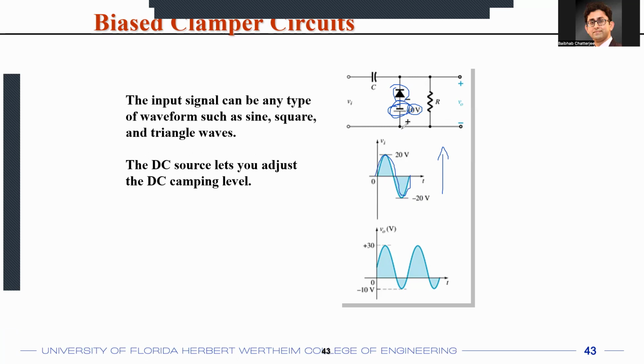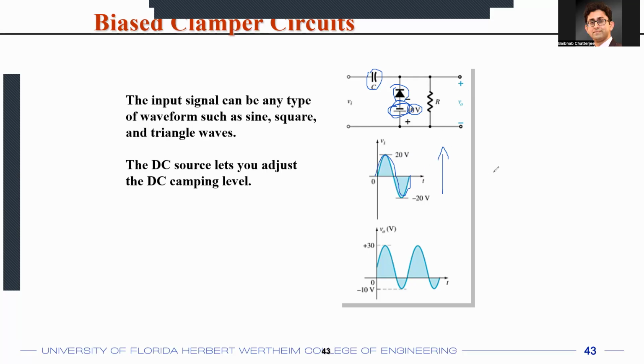Because again, in the first half cycle, where the diode is reverse biased, you store the maximum amount of input voltage in the capacitor. And then you use that stored capacitor voltage to clamp up the original input voltage at the output.